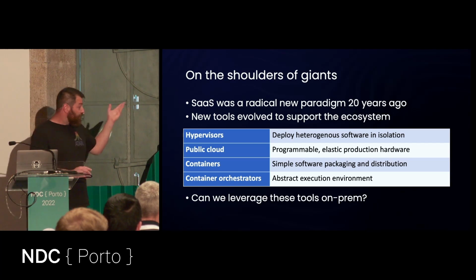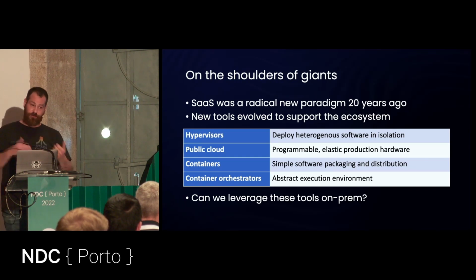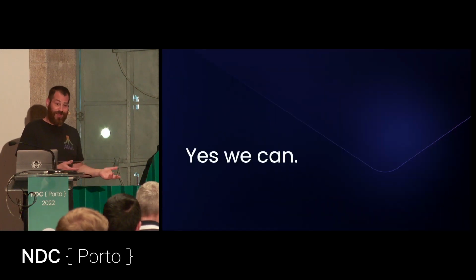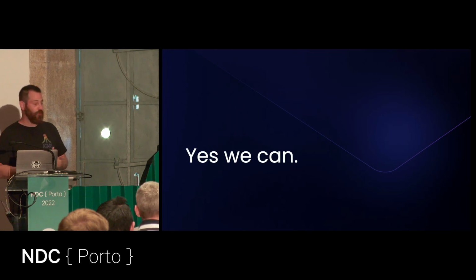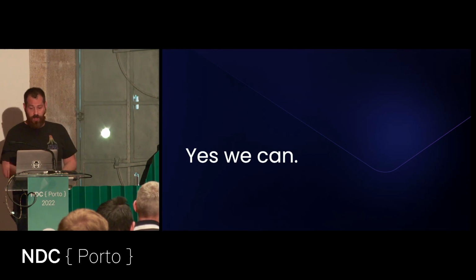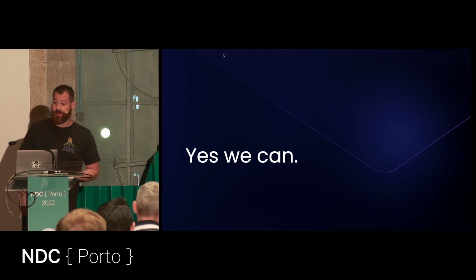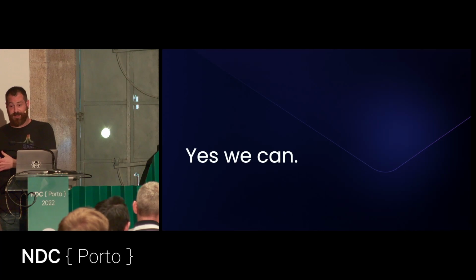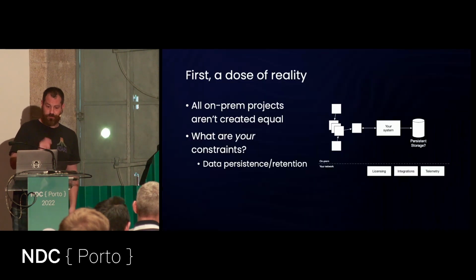And the question is, can we leverage these tools to enable us to do on-prem deployments better, faster, more efficiently, etc.? And obviously, the answer is yes, otherwise I wouldn't be here talking to you. Now, before we get into the actual tools, before we get into the actual concerns around on-prem deployment, we need to consider a few leading questions, leading characteristics of the software system that we're building that will dictate the level of complexity and the level of convenience that we're going to encounter as we build and deploy those systems.